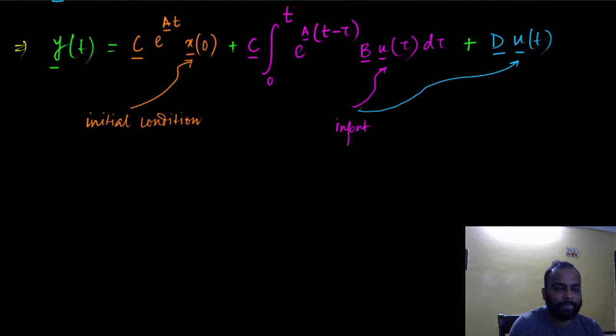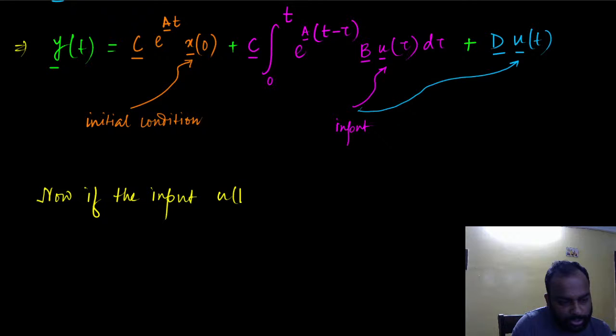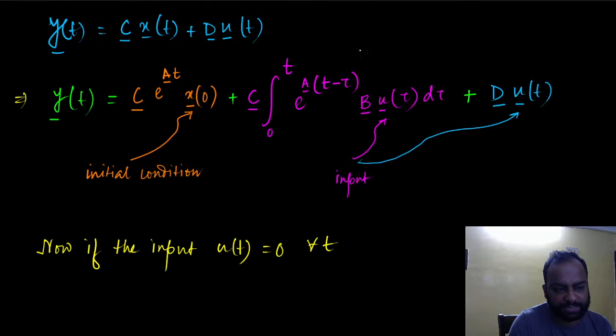Now imagine the input u(t) is 0 for all t. If u(t) is 0, then what happens to these parts of the solution?